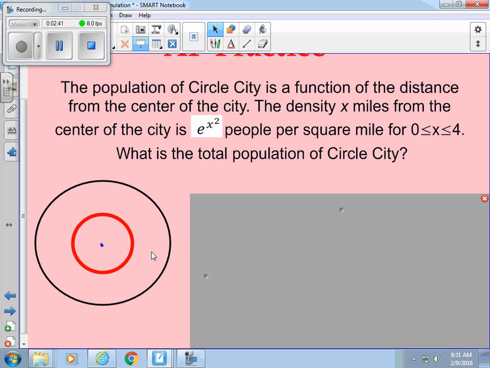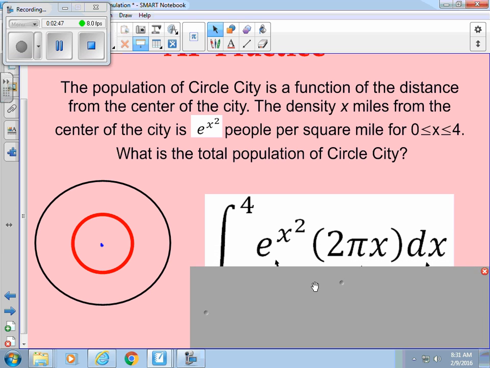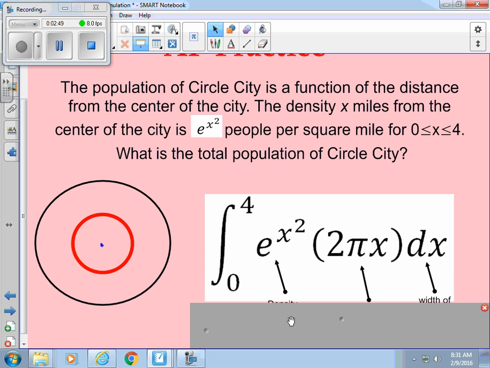What is circumference? How do you find circumference? 2 pi r. So the population is the circumference of the area you're finding, out from the center, times the population density.